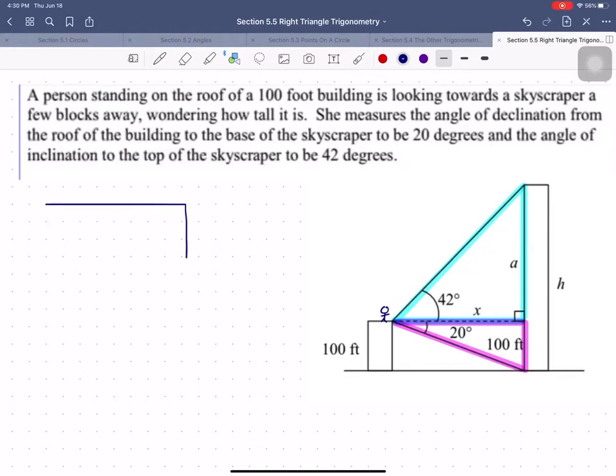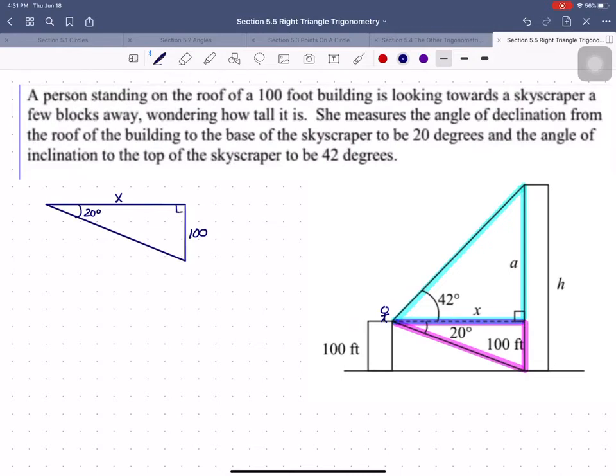So I know that this is 20 degrees, and I know that this is 100, and I really want to find that. Well, my right angle is here.